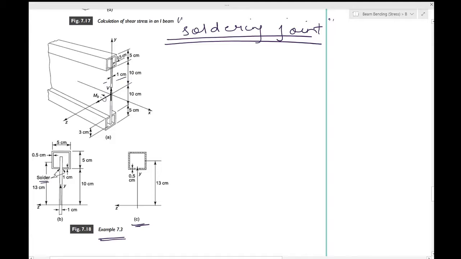Now, assuming that the shear flow is equal in each solder joint, the shear flow q_zx in each joint is given by 7.28.